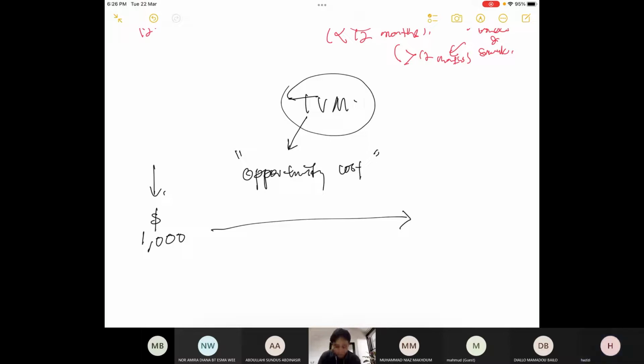So somebody approached me and said, can I take this 1,000 from you, and perhaps in the next month I will repay you back. So this person will repay me 1,000, plus some return.